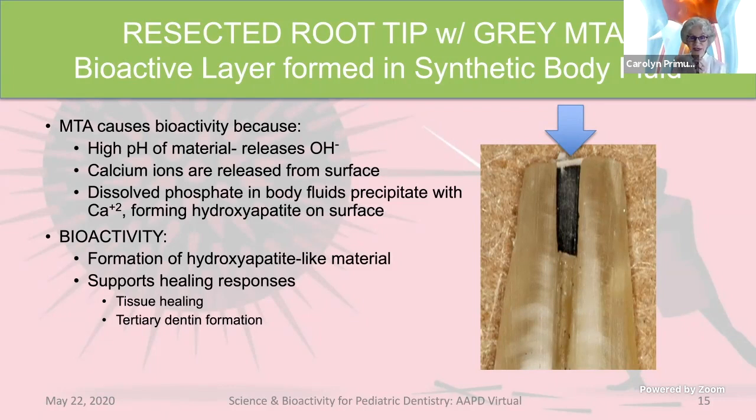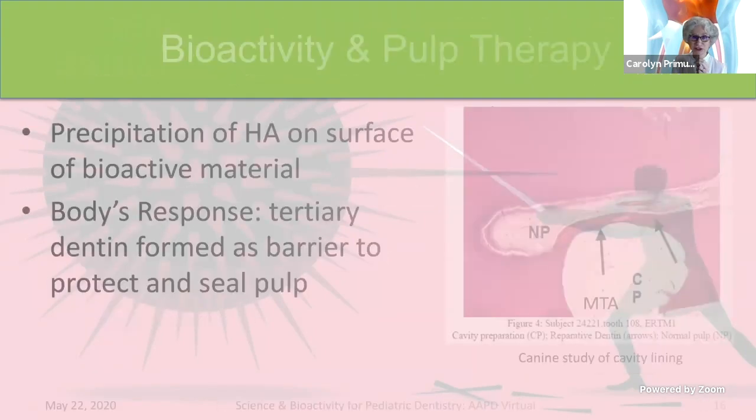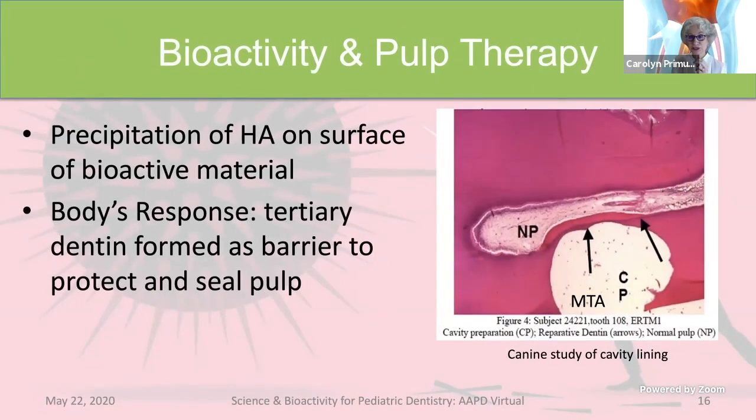So it's just like that diagram that I showed you, and it has some benefits for helping the body heal, in this case, the apical tissue, or more commonly for pediatric practices, getting tertiary dentin formation in a pulpotomy. So here's a histological section where we had MTA that was closely approximated to a pulp.